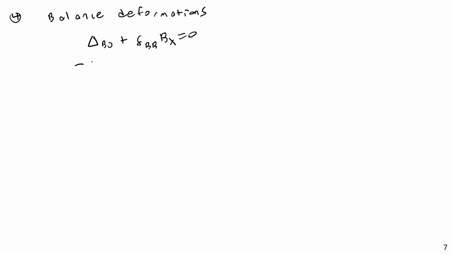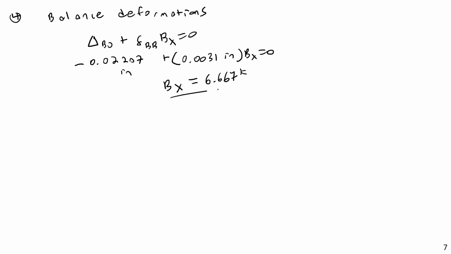And just putting in our known values, negative 0.02207 plus delta bb times, actually, I want to put that number in there, 0.00331 inches times bx is equal to 0. And bx, that's easy to solve for, and you'll find that bx is equal to 6.667 kips. So I now have solved my redundant force.